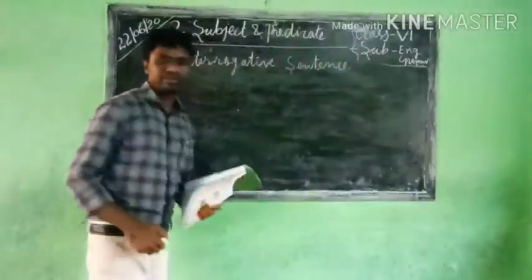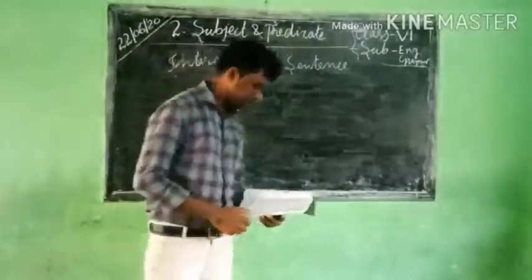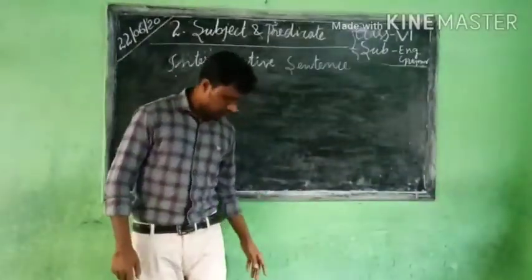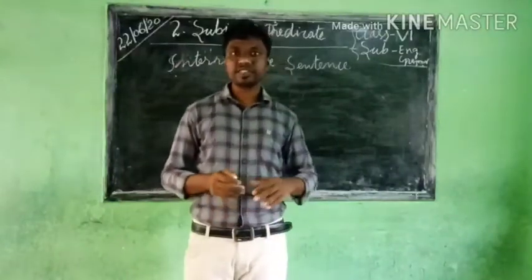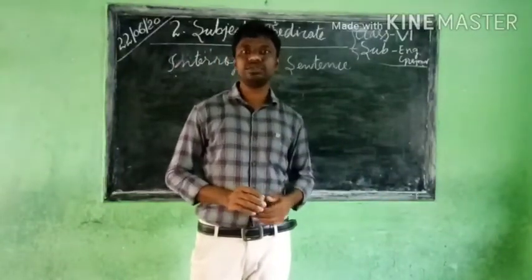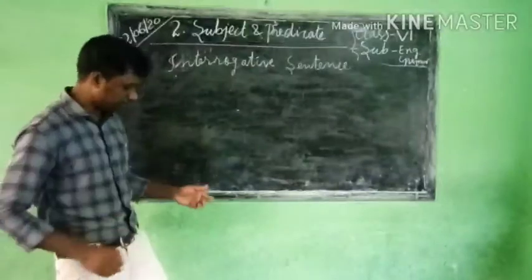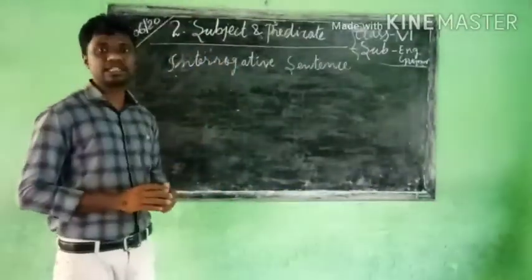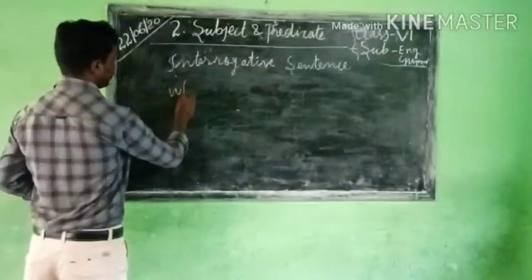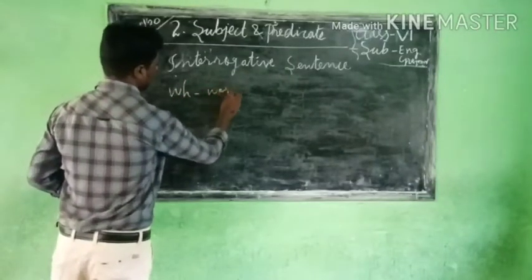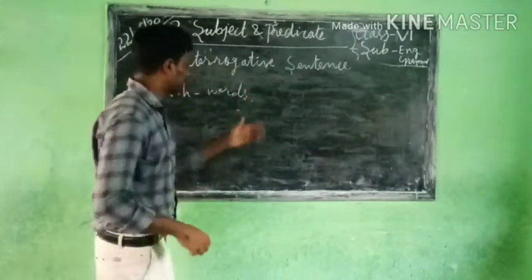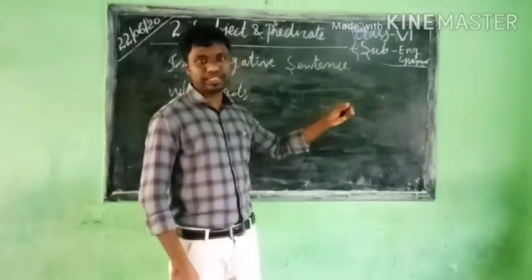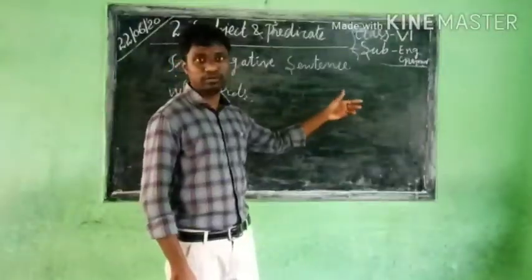You know that the interrogative sentence is used for asking questions. So question पूछने में हम क्या interrogative sentence का इस्तेमाल करते हैं. An interrogative sentence begins with WH words, like who, what, where, when, why.